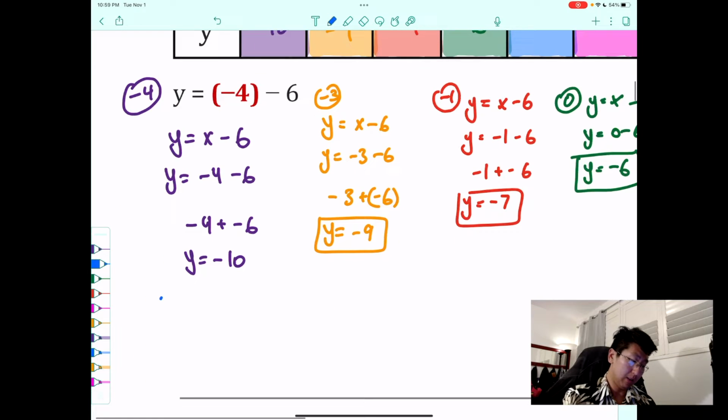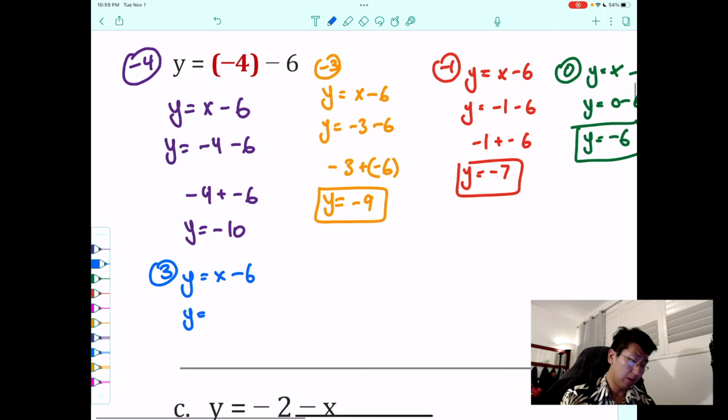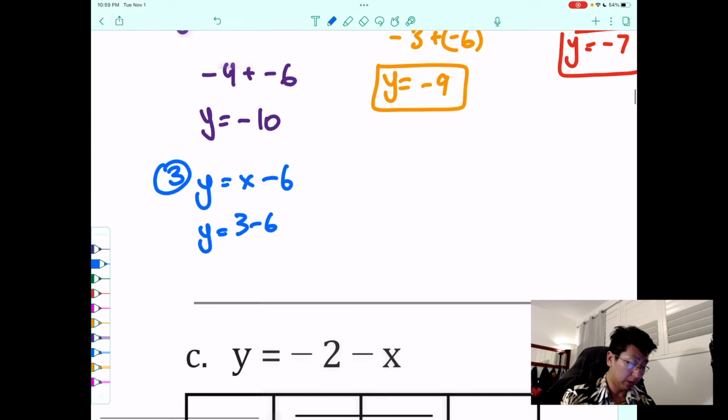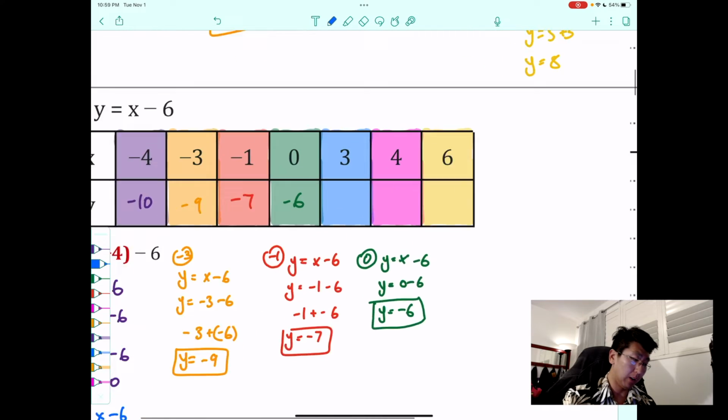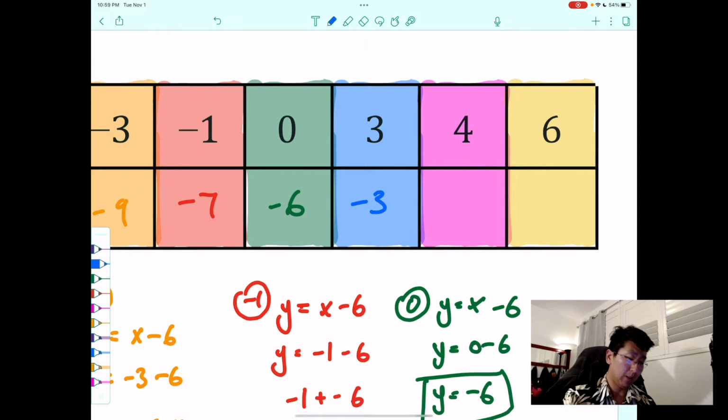3. Y equals x minus 6. That's our equation. Y equals 3 minus 6. This is 3 plus -6, which is -3. Y equals -3. 4.